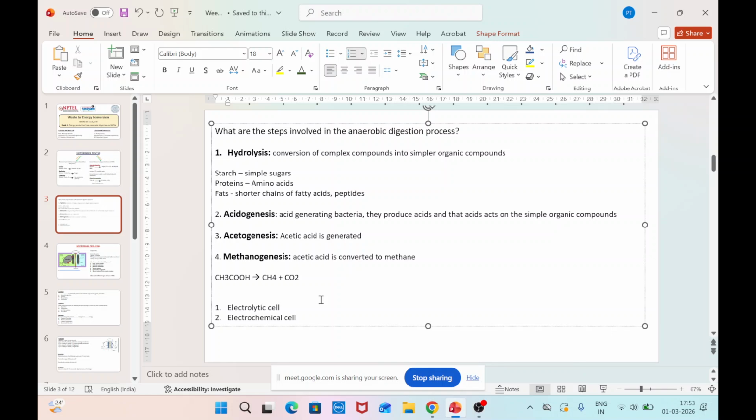Both of these cells operate via different mechanisms. In an electrolytic cell, electrical energy drives chemical reactions, or electrical energy is converted to chemical energy. Whereas in an electrochemical cell, chemical energy is converted to electrical energy, or the chemical reaction generates electrical energy.